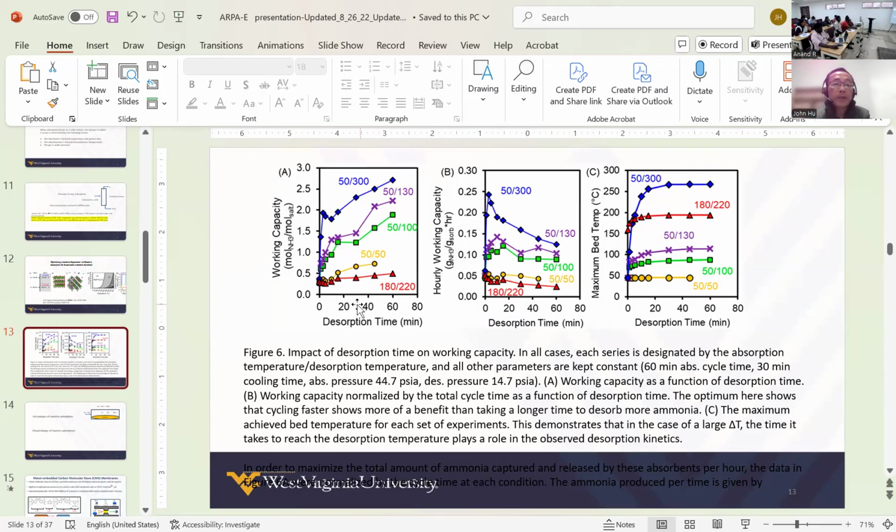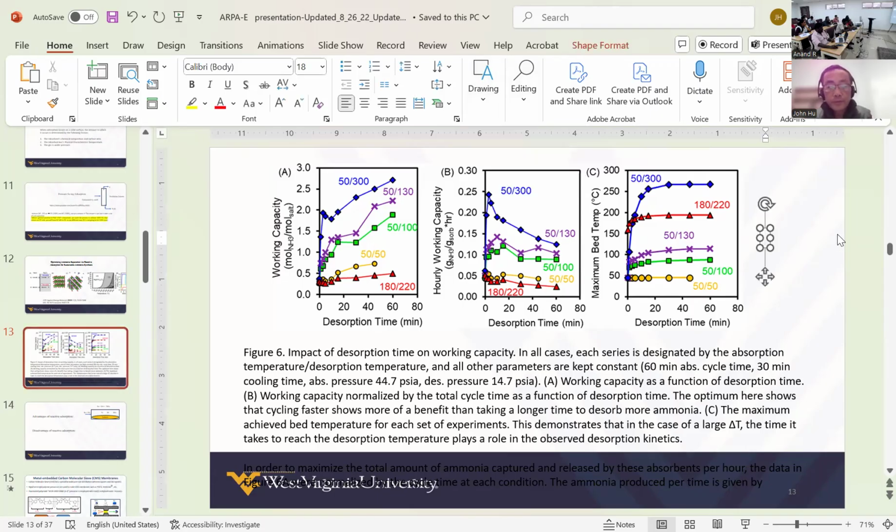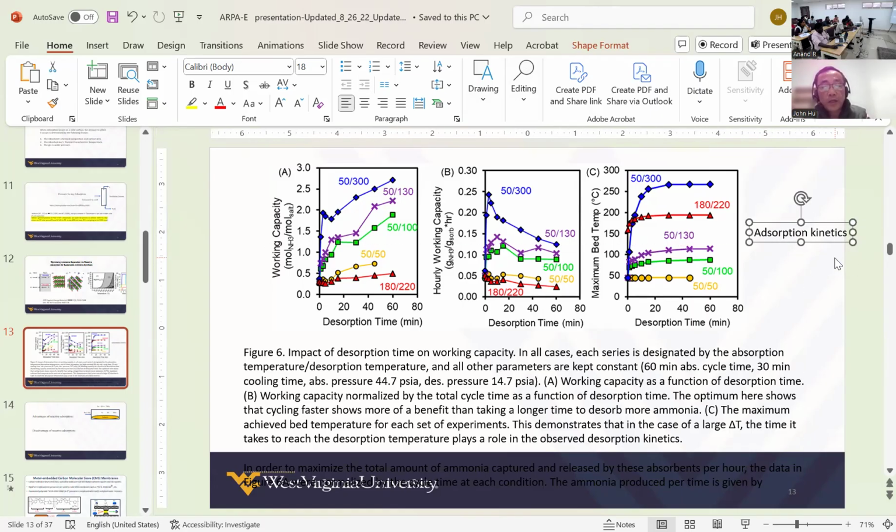So basically, even in adsorption and desorption, there is the terminology adsorption kinetics. That means how fast you can adsorb, all right?